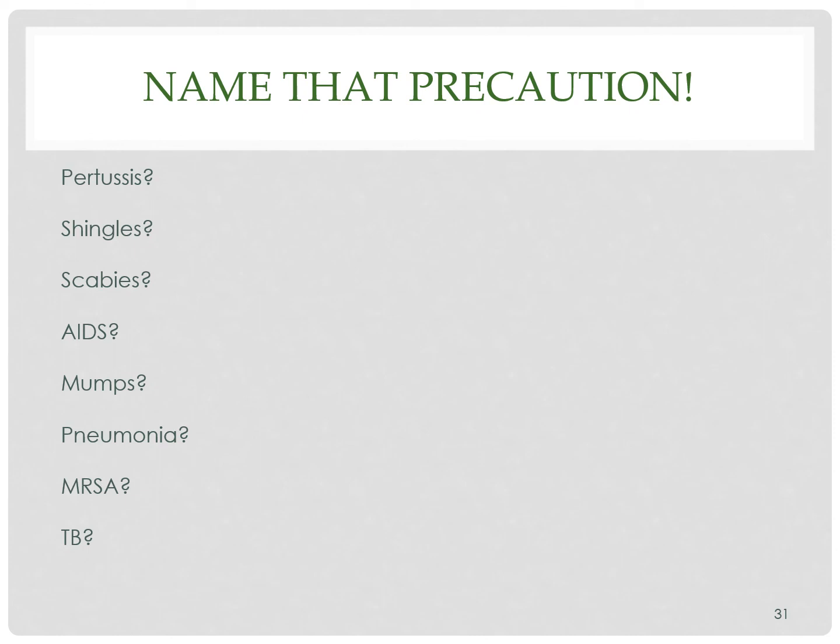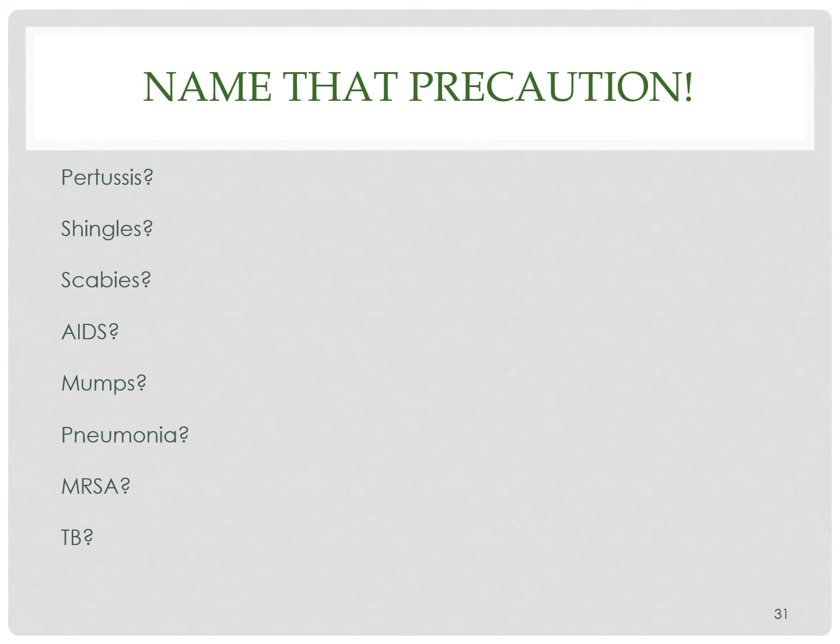All right, I'm going to give you a second. Pertussis. Droplet, yes. Shingles. Airborne, yes. Scabies. Contact, yes. AIDS. Standard. And I will do another PowerPoint for you on AIDS, don't worry.